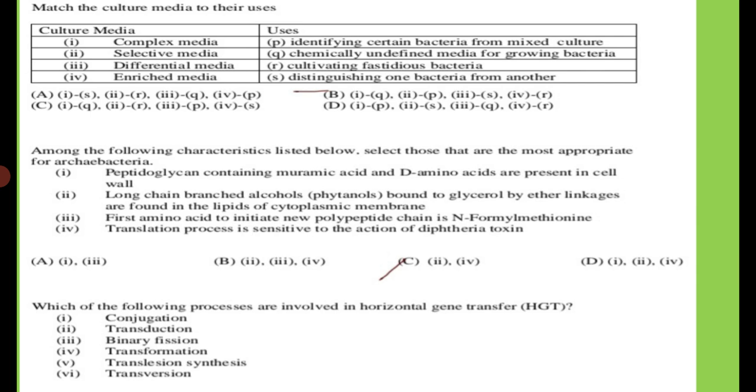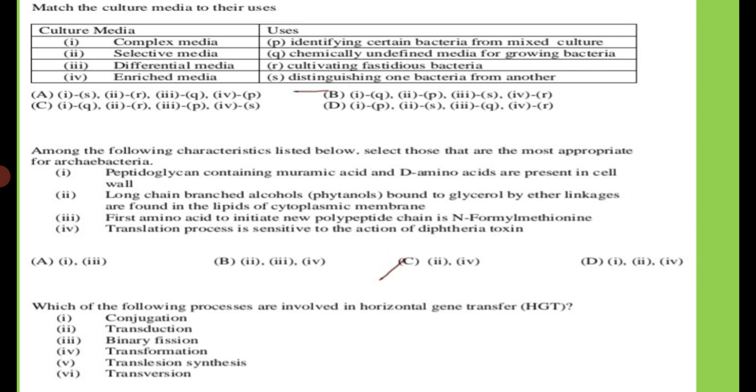Differential media. The differential media can differentiate two groups or two types of organisms. For example, MacConkey's agar is also a differential media. It can differentiate coliforms and non-coliforms. The coliform organisms show pink colored colonies on MacConkey's agar, and non-coliform organisms show yellow or colorless colonies.